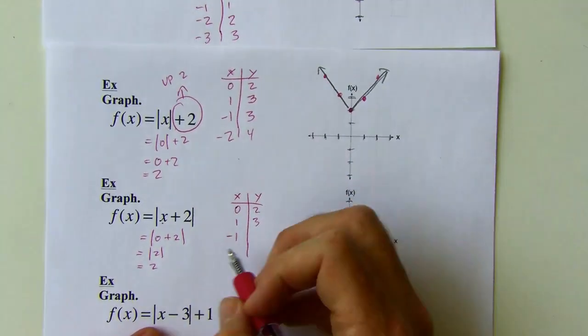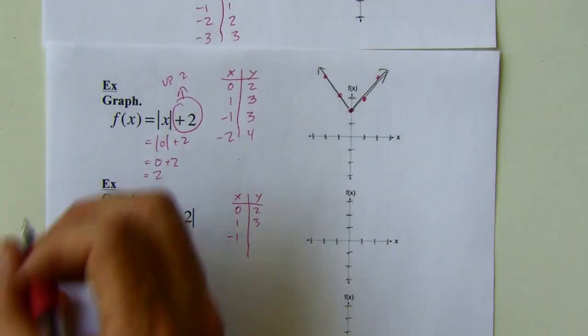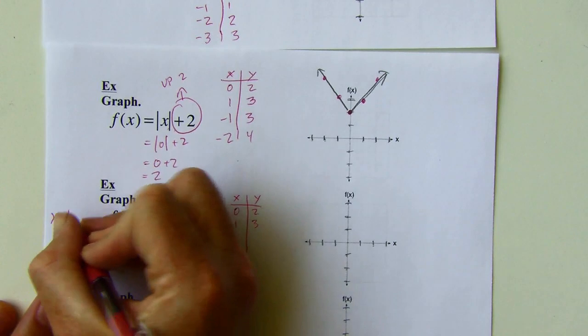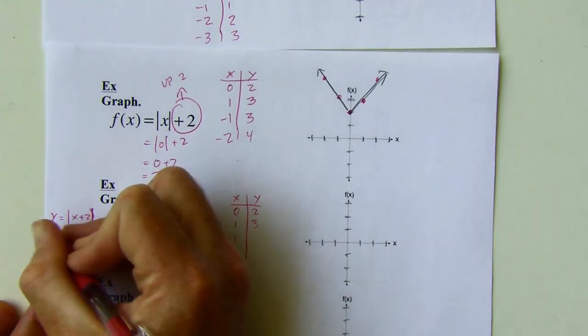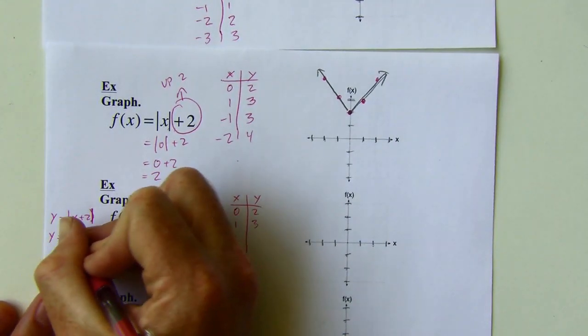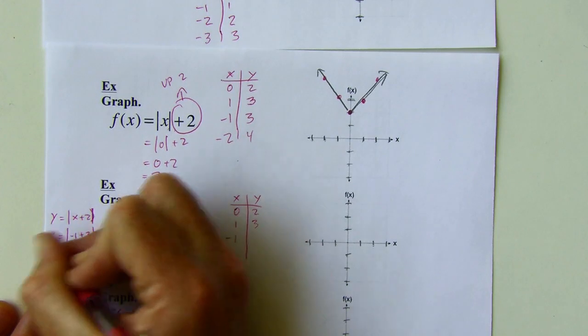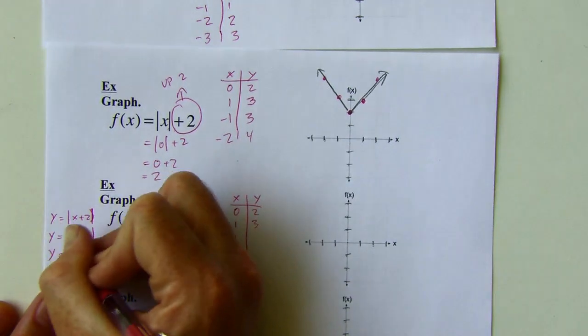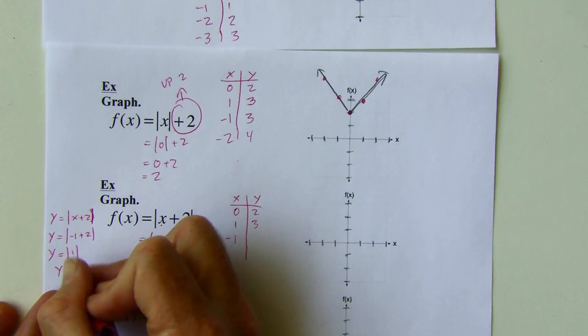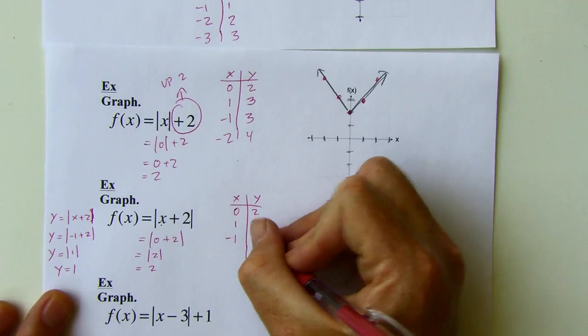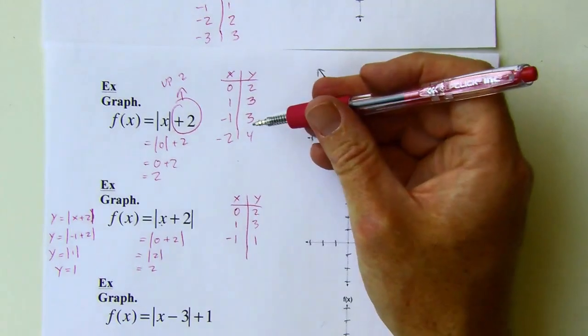But let's see what happens when we plug in a negative 1. Okay, so maybe I'll do that over here. Okay, so if I plug in a negative 1 for x, then I've got the absolute value of 1, which comes out to 1. Okay, so now this is looking different, right?